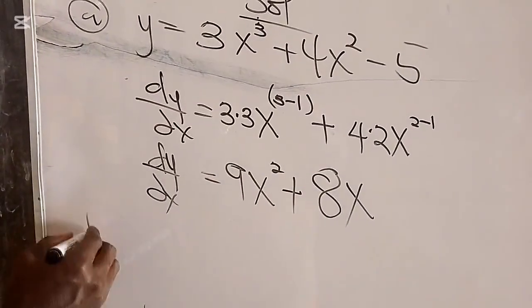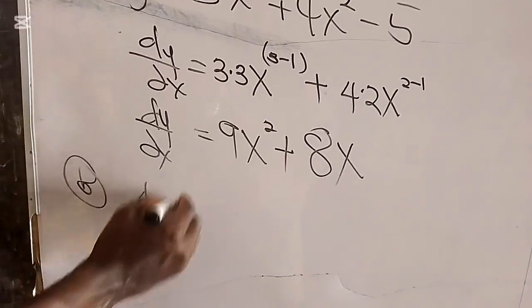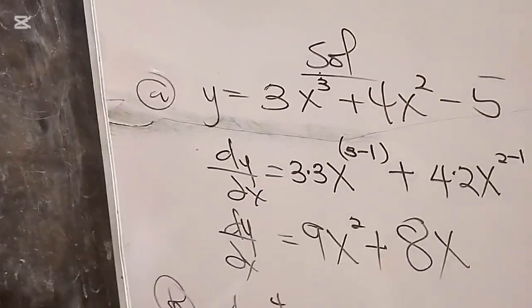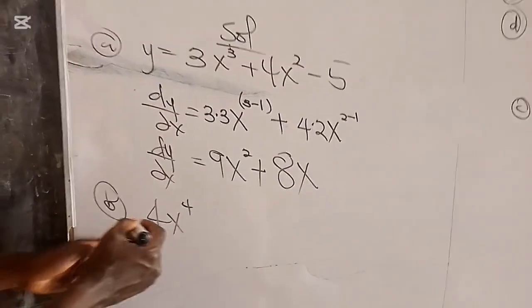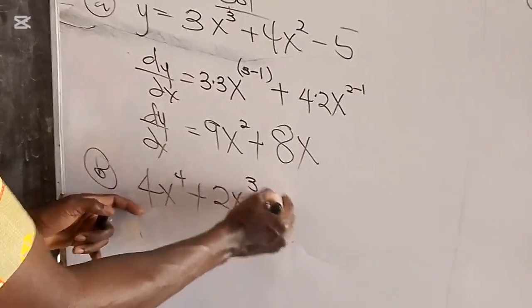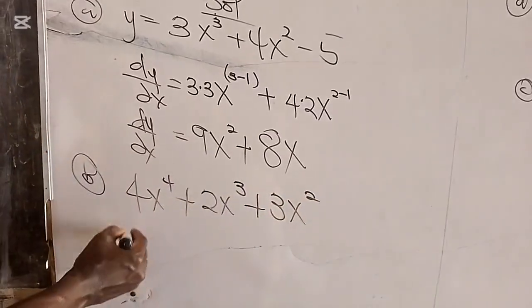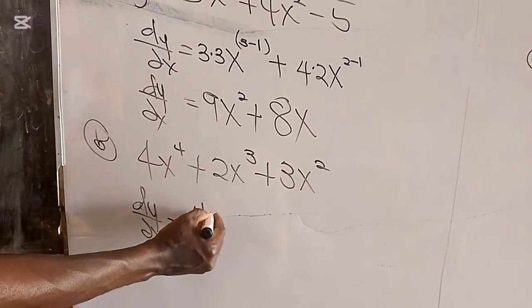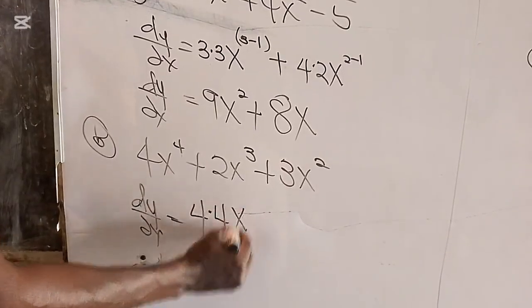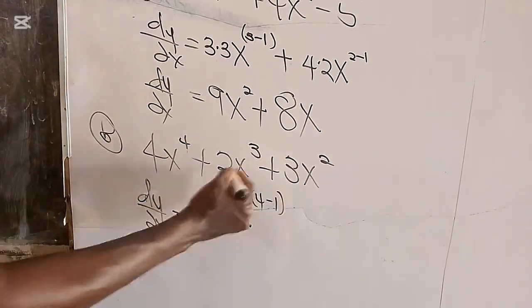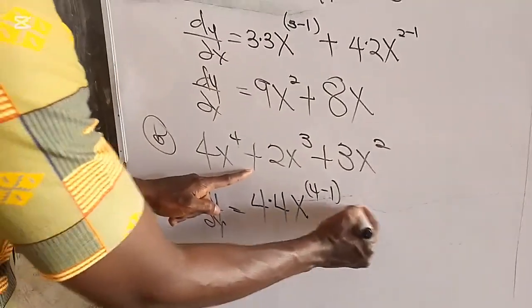The second question, B, which is 4x to the 4th power plus 2x to the 3rd power plus 3x squared. So our dy/dx will be equal to 4. You drop the 4 again to multiply 4. Then on the x, you subtract 1 from 4. Then we move to addition.